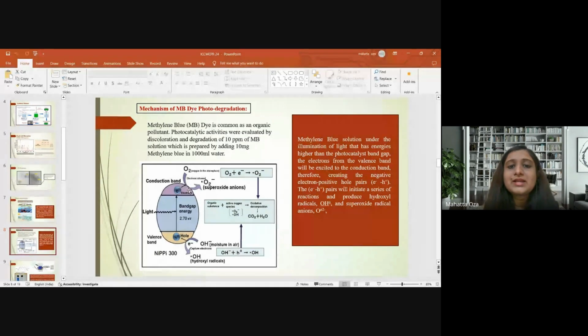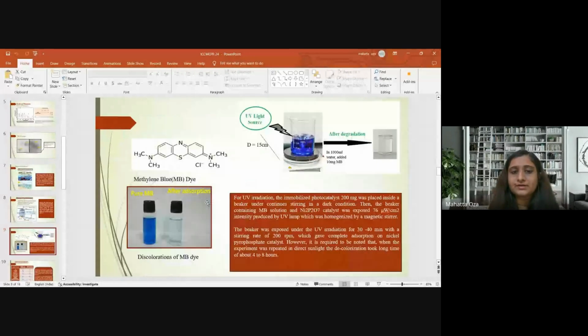Methylene blue dye is a common organic pollutant, so the photocatalytic activities were evaluated by decolorization and degradation of 10 ppm of MB solution, which is prepared by adding 10 mg methylene blue in 1000 ml water. Now this is the chemical formula of methylene blue dye.